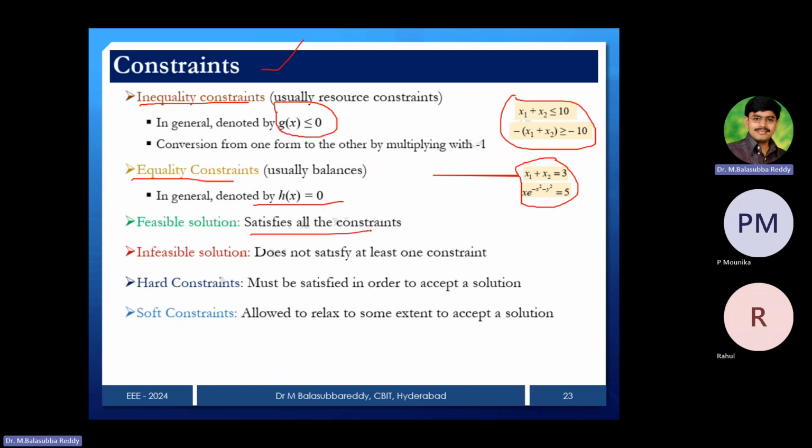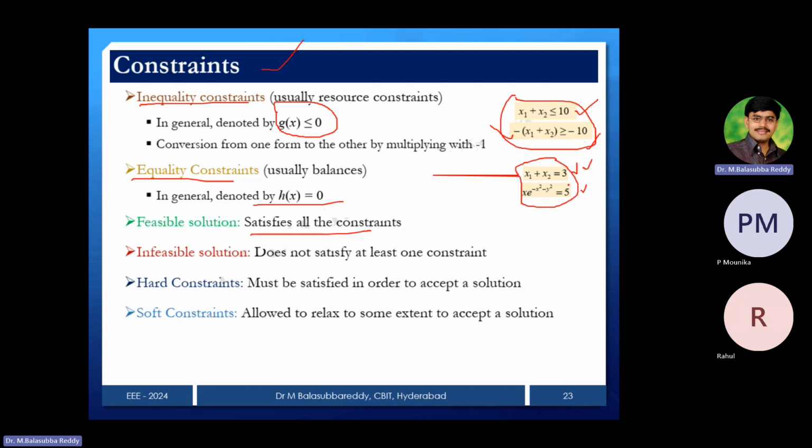What is the meaning of a feasible solution? It satisfies all the constraints. Suppose this is also subjected to a constraint, and this is also subjected to a constraint. When the problem is said to be feasible, the x1 value and x2 value you are getting have to satisfy this equation and also this equality constraint.